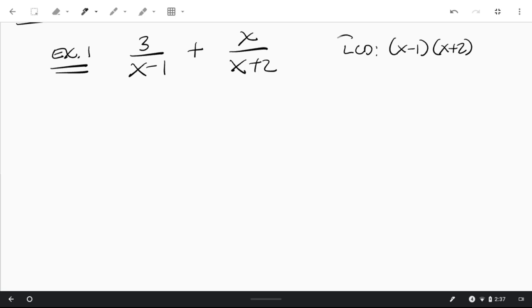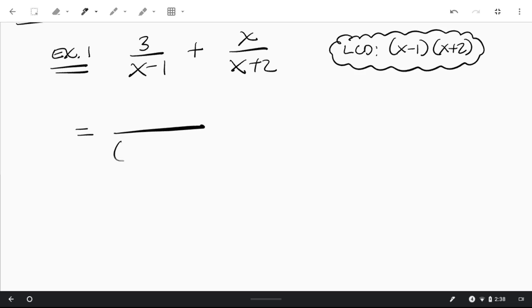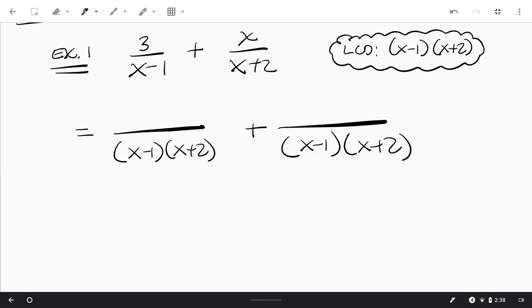Okay, so clearly right now they do not, but we want them to. We want them to look like this. All right, so just like with numerical fractions, we need to figure out what we need to multiply by so that it looks like that.